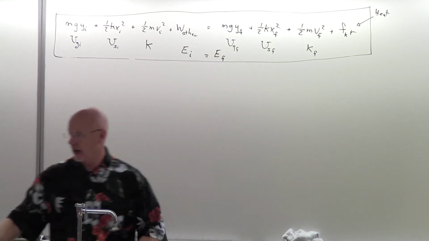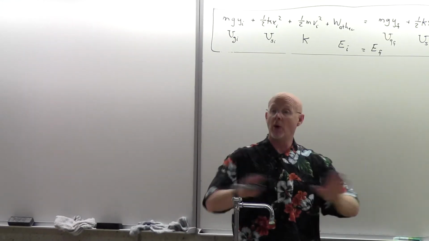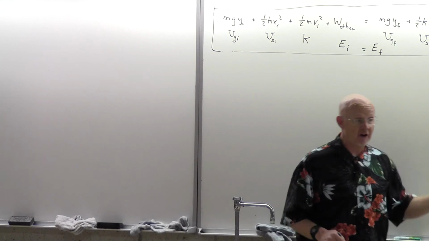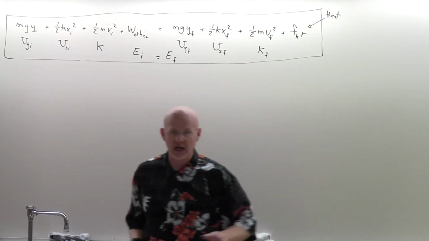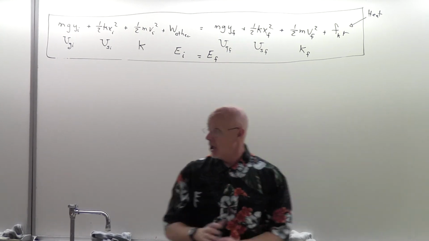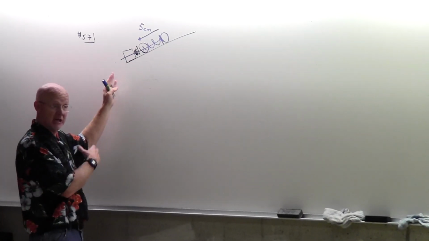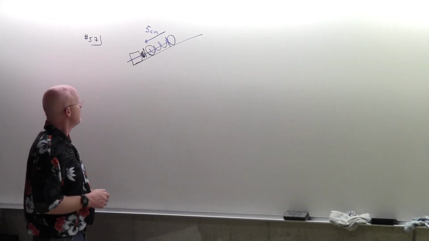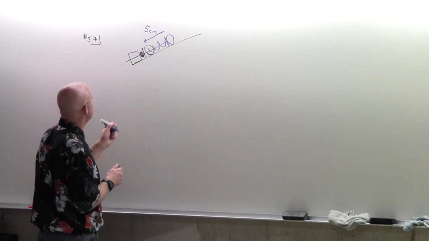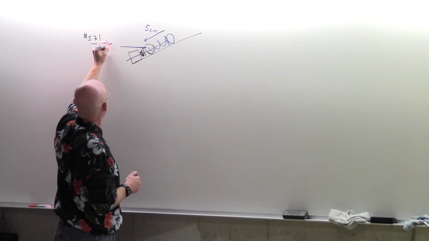So let me build up to that, but I want to illustrate my definition of initial is anywhere I want. My definition of final is anywhere I want, because it says the energy at one moment is equal to the energy at the other moment. So my beginning moment is going to be after my hand has pulled it back, but my hand has not released it. And I thought I heard some of you saying that that would be a good place to call y equals 0.